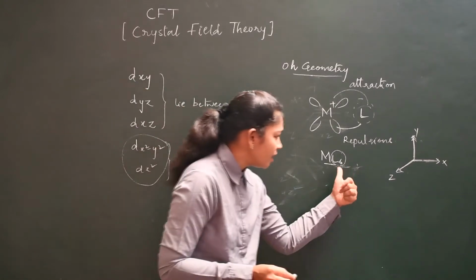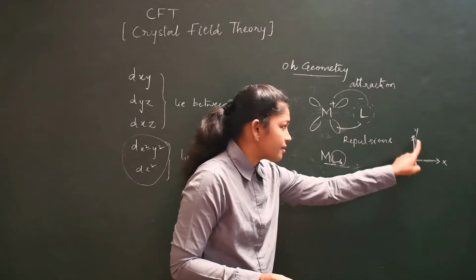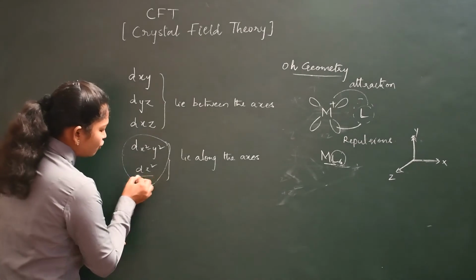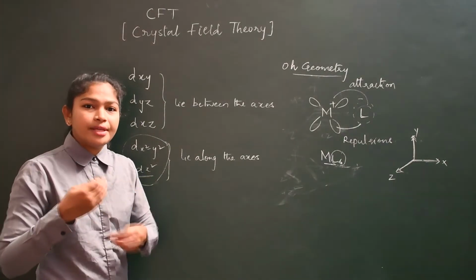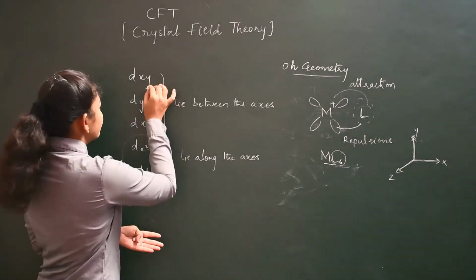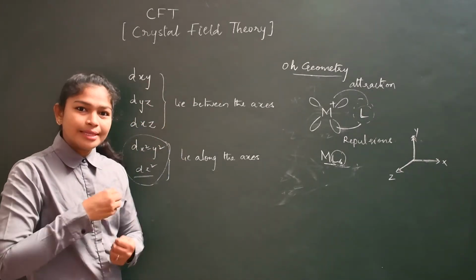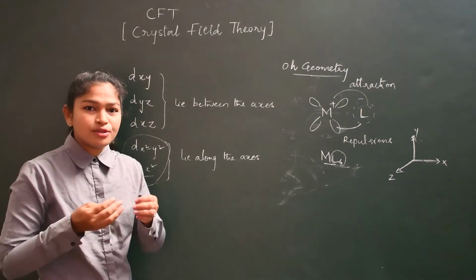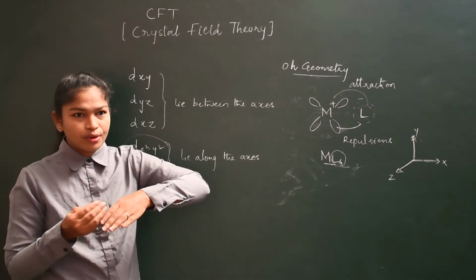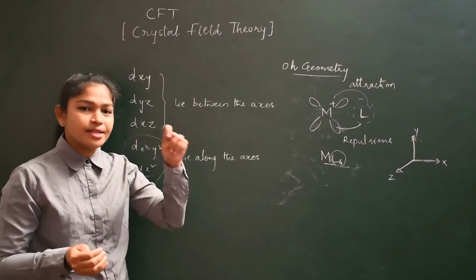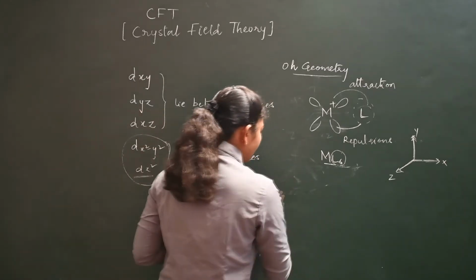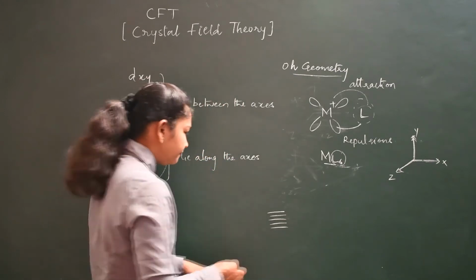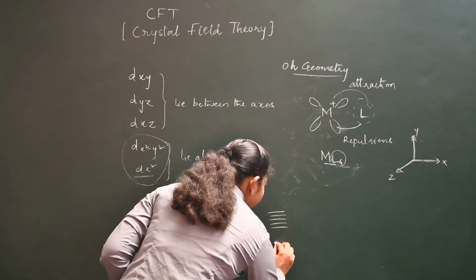So in octahedral geometry, these two orbitals will feel more repulsion than dxy, dyz, dxz. So dx square minus y square and dz square will be pushed up higher in energy in octahedral geometry. Actually these are 5 orbitals, you just say that. These are in a spherical field.